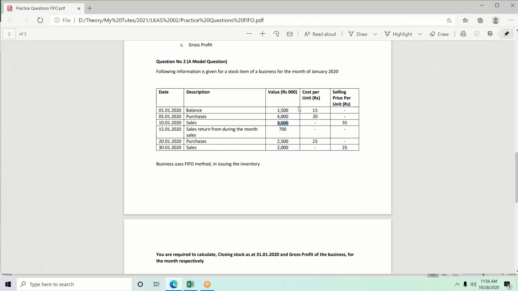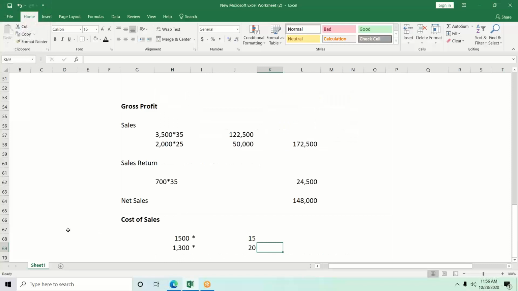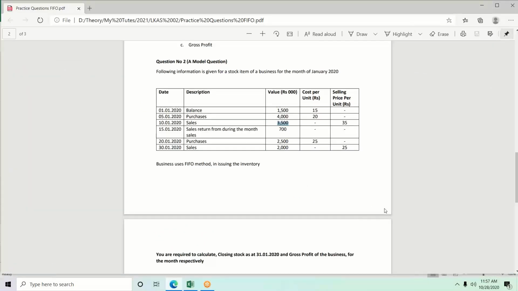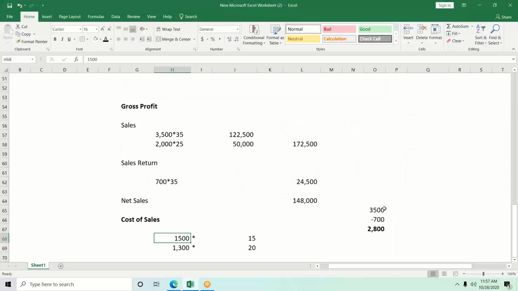We sold 3,500 here, and we need to calculate the cost of sales. From the 3,500 sold, how many did the customer return? 700. The customer has returned 700. And how many units are remaining? 2,800 units. Right? This is the net sales. So when we issue the 2,800 units, first we think that 1,500 units at 15 has been issued.